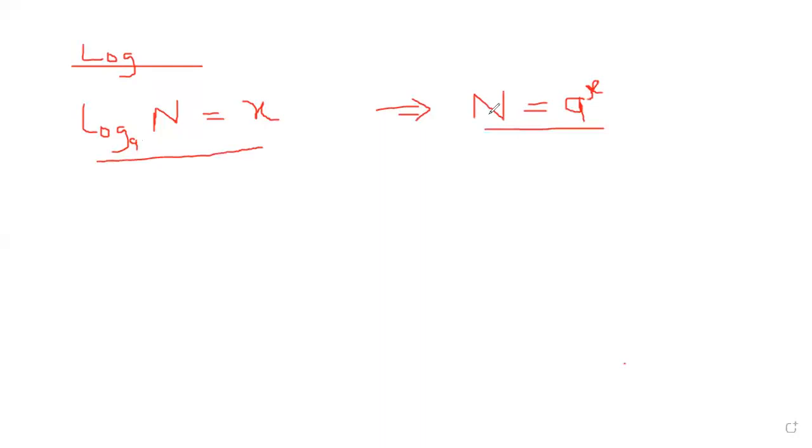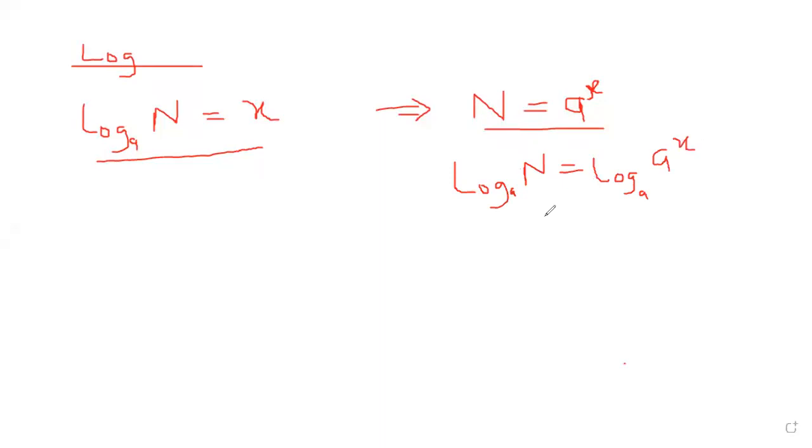So anytime we have this exponential, it can be re-expressed by just finding the log. When I find the log to the base a of both sides, I find the log to the base a of what is written here.